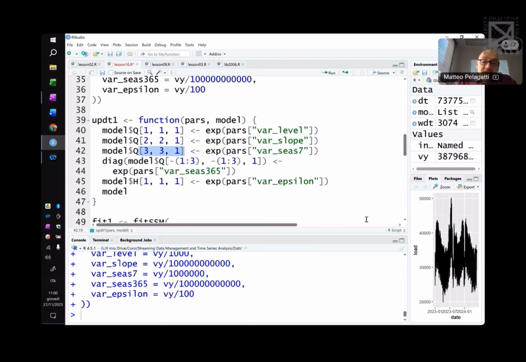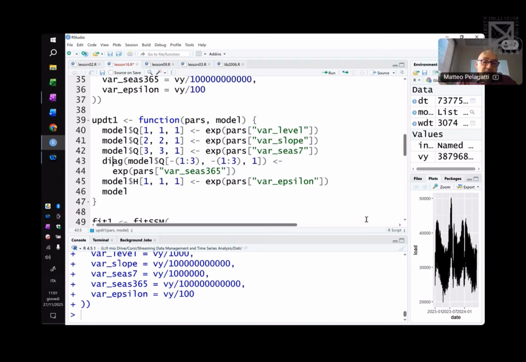And actually, it's still good also the next line where we write on the diagonal of this Q matrix, excluding the first three rows and columns that we have already assigned here. So written in this way, that was a good idea, because I could augment the number of harmonics, and I don't have to rewrite this update function.